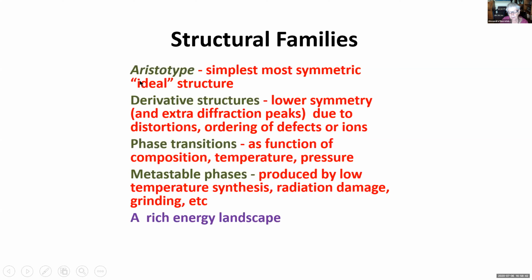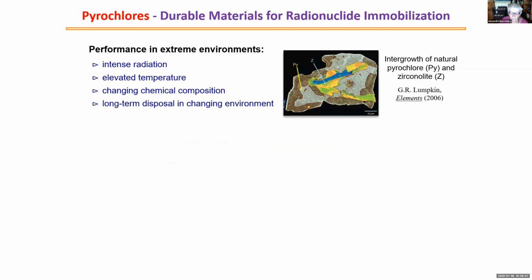So what I'm going to do now is give you some examples as we walk through some of these to show you both what is happening and what we, and other people, have done to characterize it. So the first structure I want to talk about, and the structure that I will mostly talk about, is the pyrochlore structure, which is a derivative of essentially the fluorite structure.